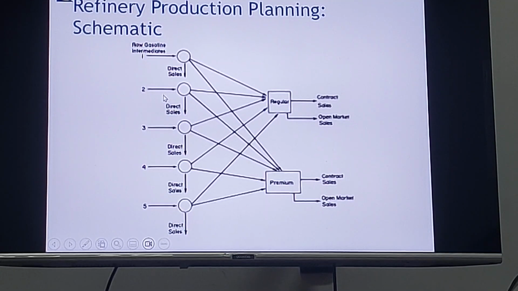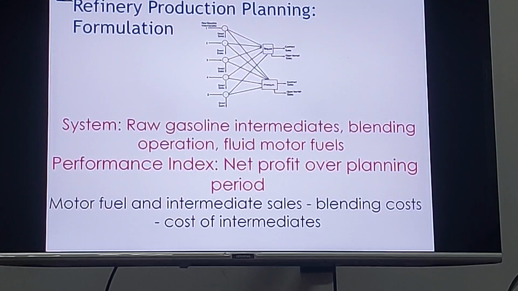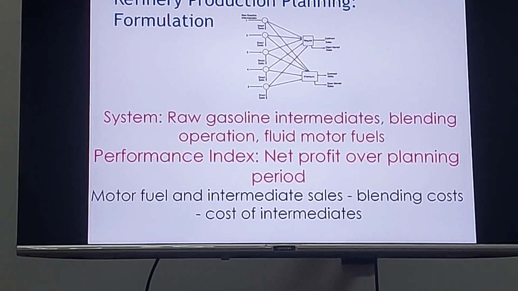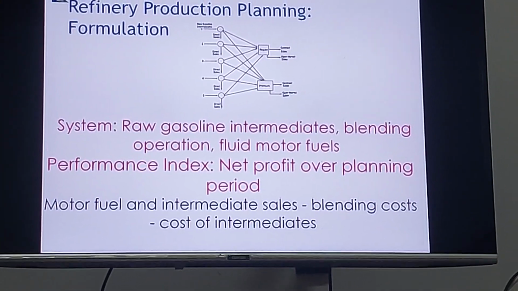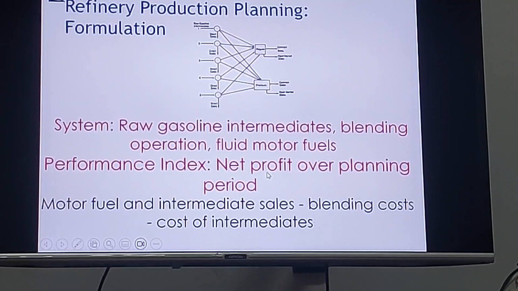So what's the system? We have raw gasoline intermediates, we have the blending operation, we have the motor fuel, and after you ask the management, they actually want to have this net profit over the planning period. So the manager wants you to maximize the profit.